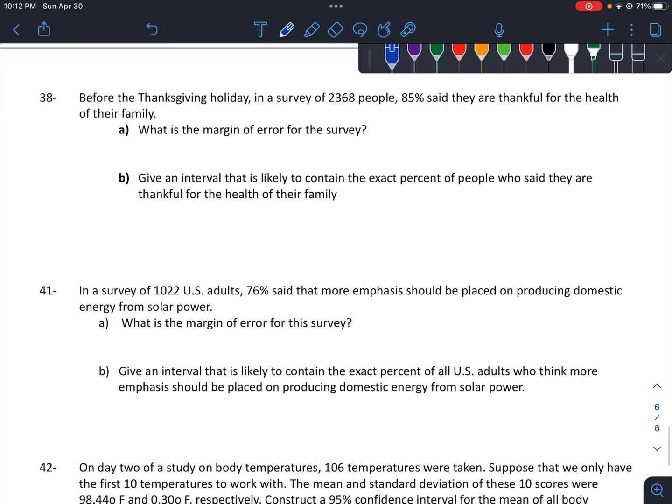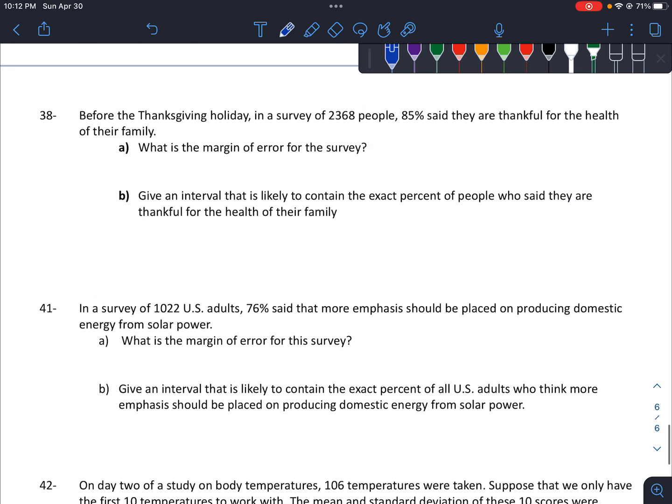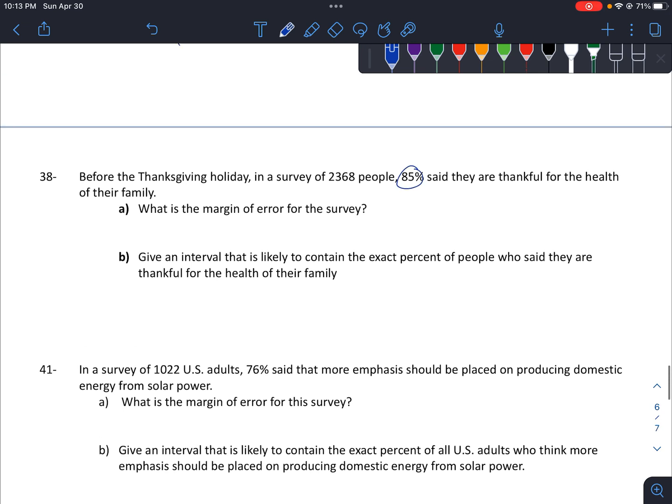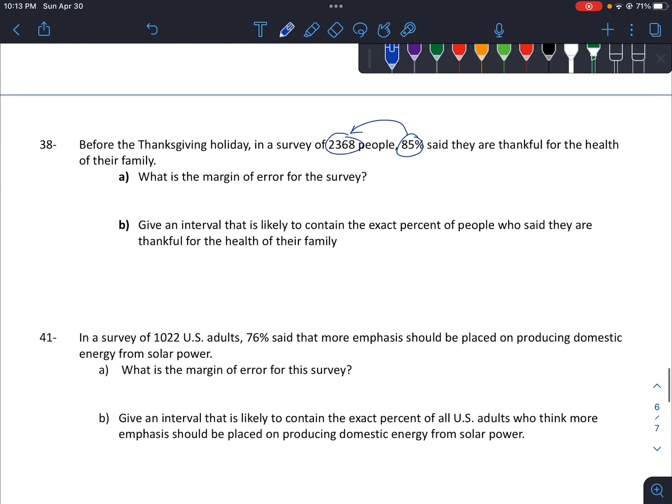All right. Before the Thanksgiving holiday, in a survey of 2,368 people, 85% said that they are thankful for the health of their family. So this last page is all about the margin of error. Whenever we're talking about a population percentage, this 85% is for this group of people, but how might that be reflected in the actual population?